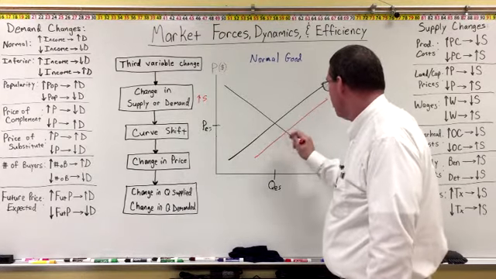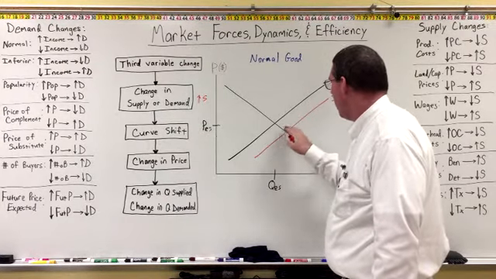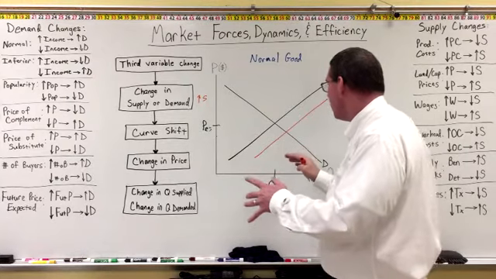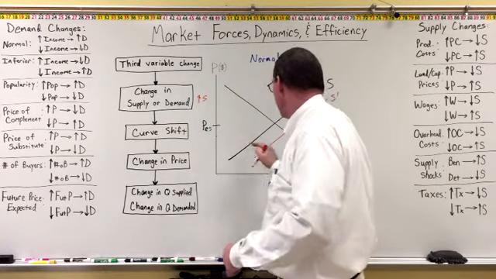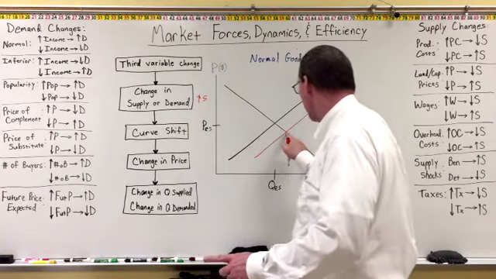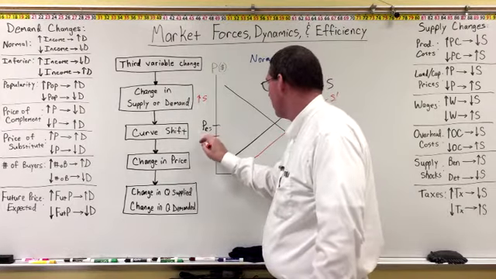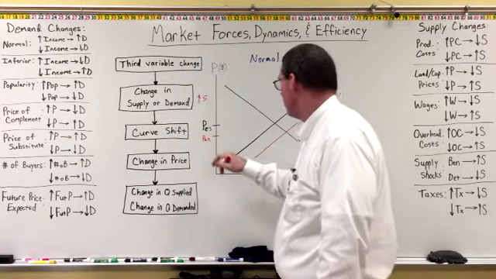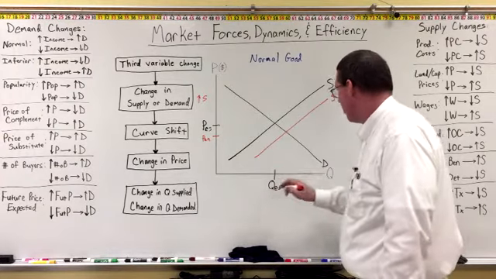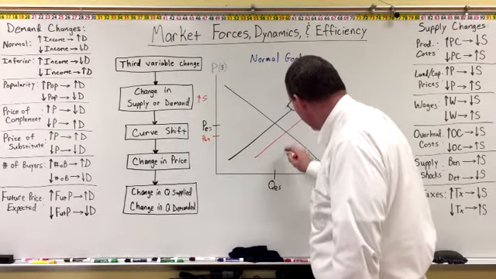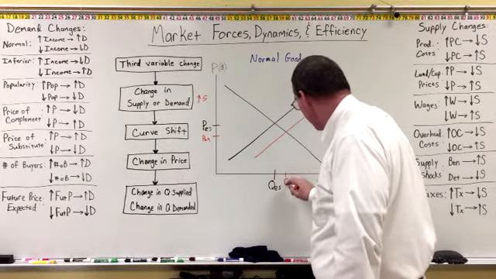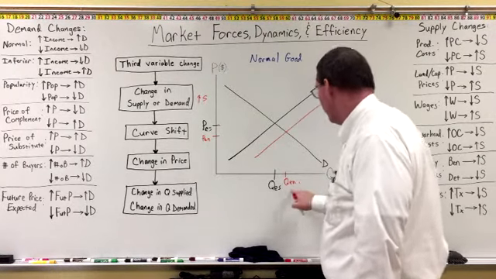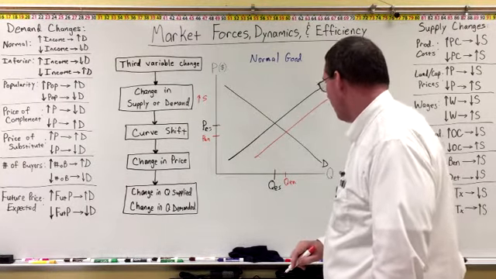See here, there's the new intersection, and so buyers and sellers are going to negotiate with each other here, and ultimately, in order for both of them to agree on a quantity, the price is going to have to go down. So we're going to have a new equilibrium price. So the price is going to go down, and then over here we can see that there's going to be a change in the equilibrium quantity, and equilibrium quantity is going to go up.